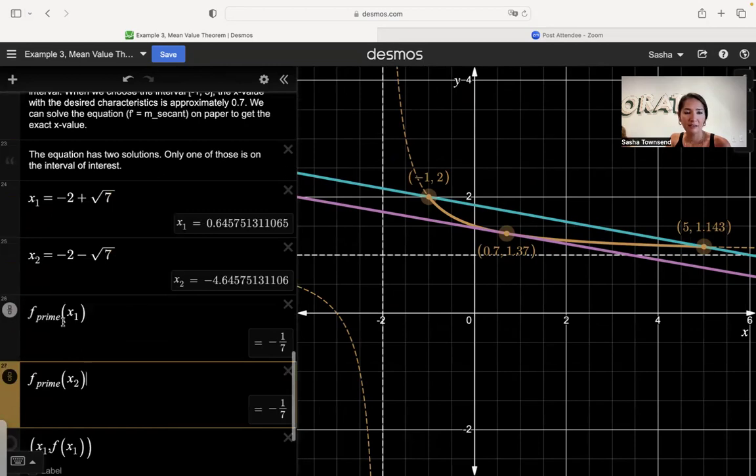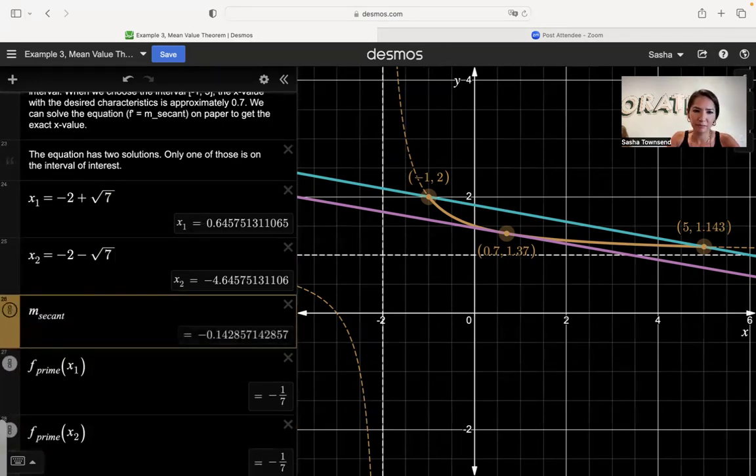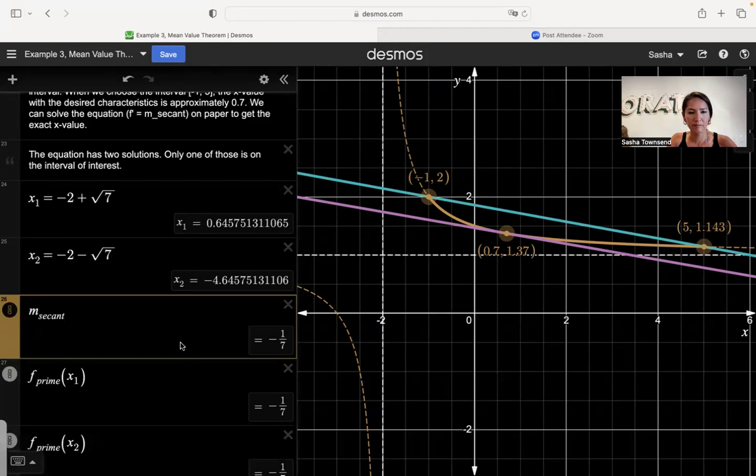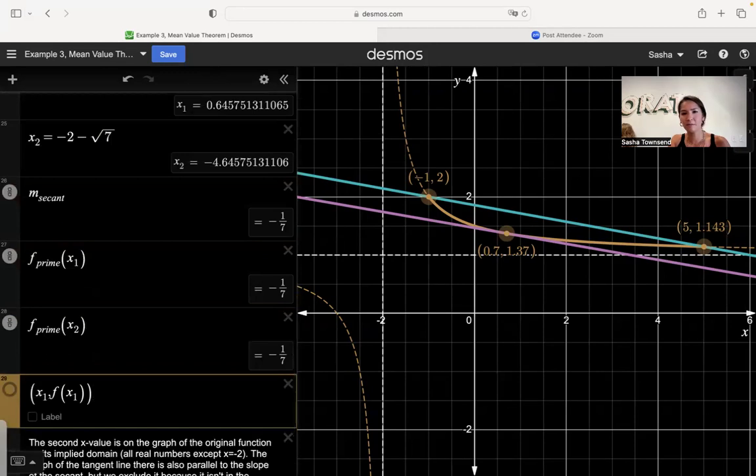And if we evaluate f prime at x1 and x2, we get -1/7 in both cases, which is good. We wanted the derivative to be equal to the slope of the secant line, and it is. We can just confirm that. The slope of the secant, in the form of a fraction, is -1/7. So the slopes are what they're supposed to be. And we've plotted the point.